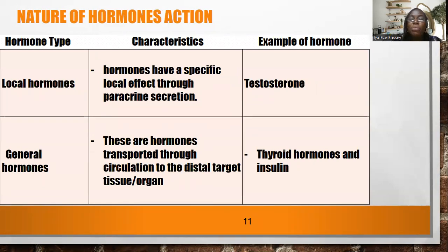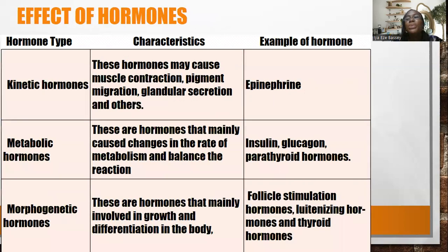While the general hormones are hormones that are transported through circulation to distal target tissues or organs, and they include things like your thyroid hormones, your insulin. Then if we are looking at classification according to the effect of the hormones, you would have kinetic hormones, metabolic hormones, and morphogenetic hormones.